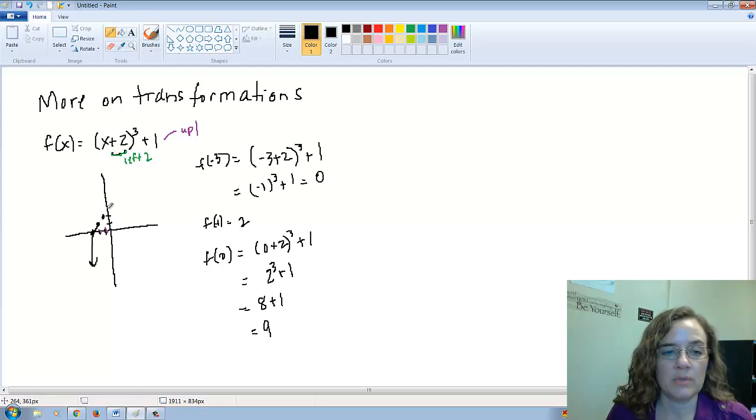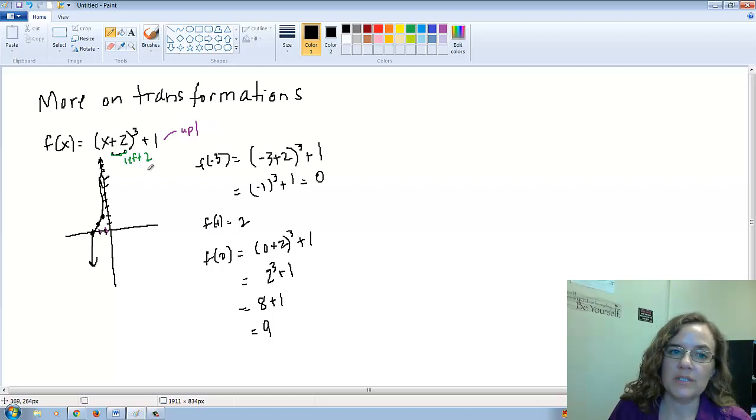So we have 1, 2, 3, 4, 5, 6, 7, 8, 9. Way up here, it's crossing. Not the best graph, but we could make it cross like that to get it where we need to go.